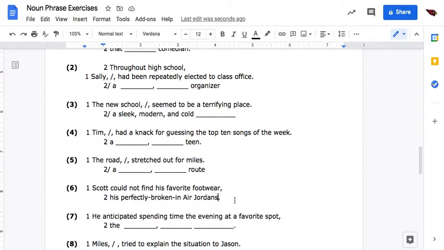And I'm just going to take it a step further just so you realize that the formula is good: noun determiner, modifiers, noun. But you can also put modifiers on the backside of these noun phrases. So maybe it's something like his perfectly broken-in Air Jordans with the black laces. And this whole phrase right here renames or makes more specific the footwear in this case. So it's a pretty good noun phrase.